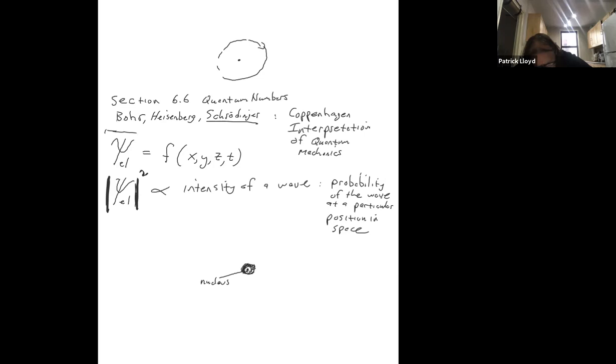So I'm going to draw lots of dots, hundreds of dots around the nucleus. The electron is somewhere around there, most likely. There's a high probability that it's there. So I shade that in pretty darkly. Then as you move further away, the probability becomes smaller.